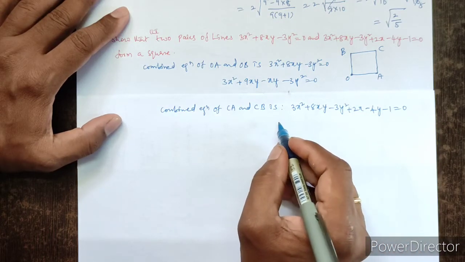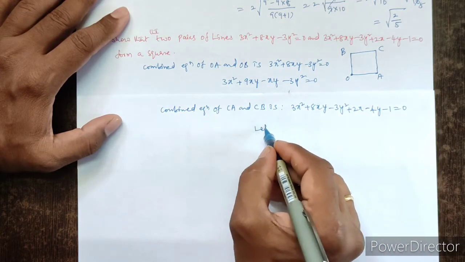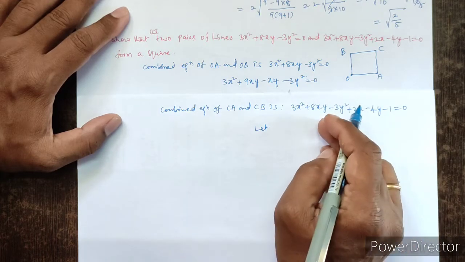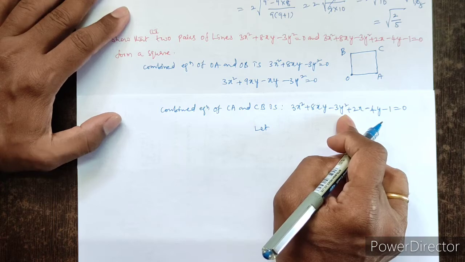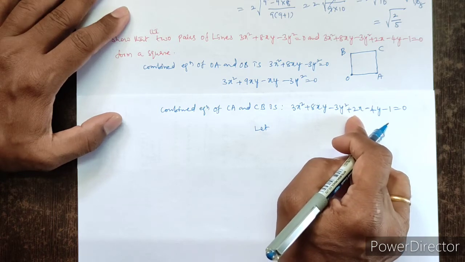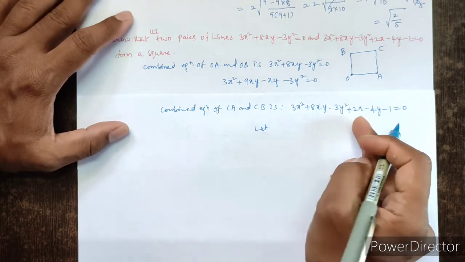So I want to split this given combined equation into two lines.